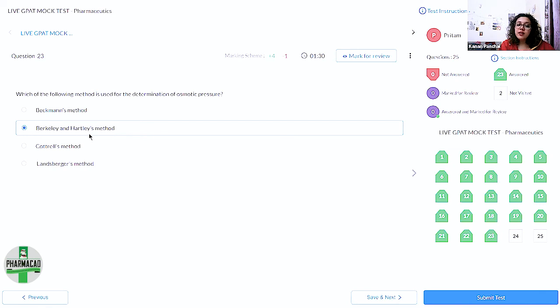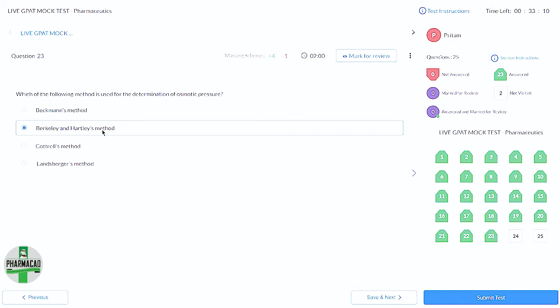In this method, you have movement of solvent from one compartment through a semi-permeable membrane into another compartment. So on this solution you apply pressure with a piston, so much pressure that osmosis stops. From that pressure you will calculate the osmotic pressure. So here the answer is Berkeley and Hartley's method. Okay.